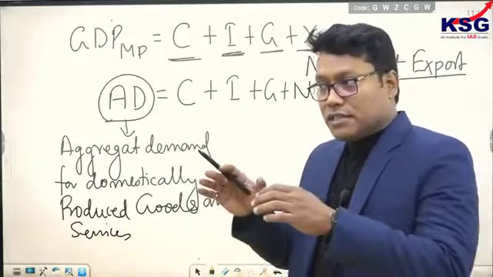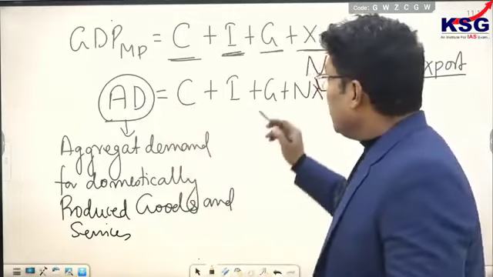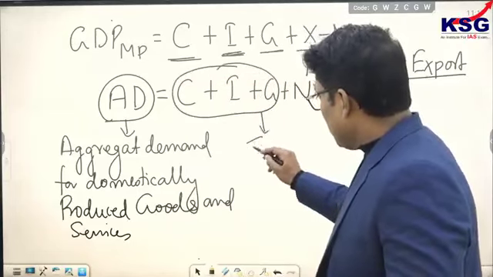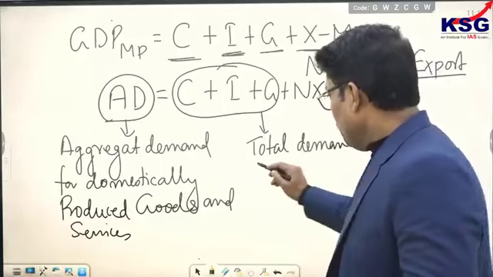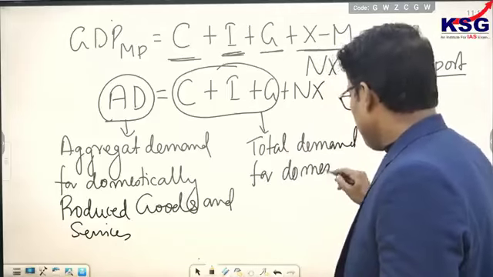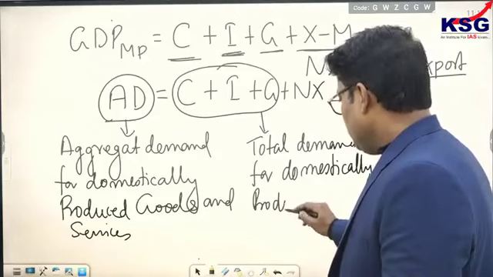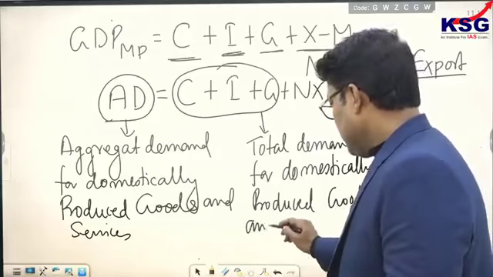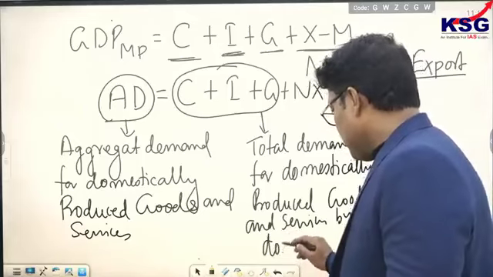That is the total goods and services produced within our economy, and their demand is represented by AD. If you think here, C plus I plus G, this part is the total demand for domestically produced goods and services by domestic players.